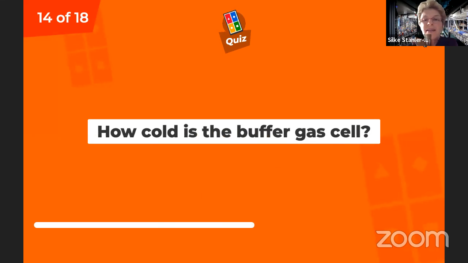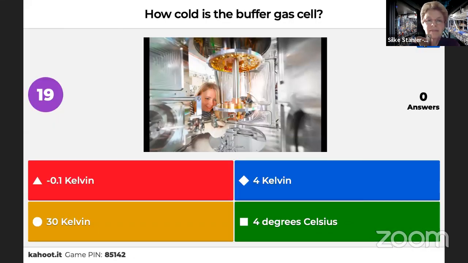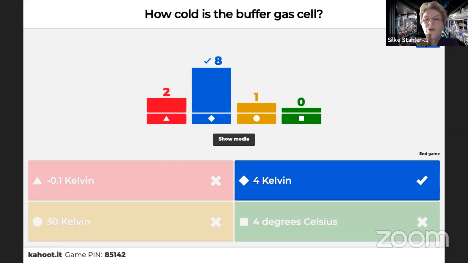How cold is the buffer gas cell? You see Izzy here. She told us how cold it is. Oh, many people knew it. Very good. 4 Kelvin was the right answer.